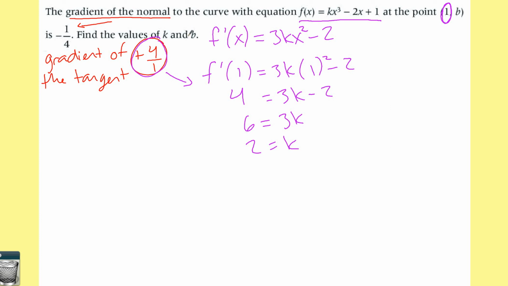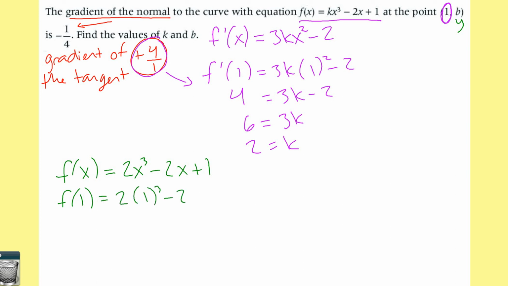Well, now we need to find the value of b. So b is just our y value. So use that in our equation. f of x is our original equation, k is now 2, and we want to find it when x is 1. So 2 times 1 cubed minus 2 times 1 plus 1.